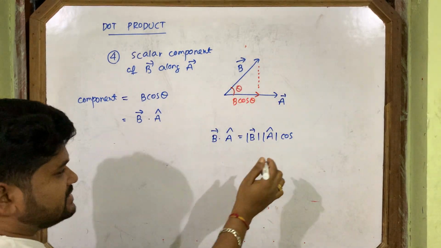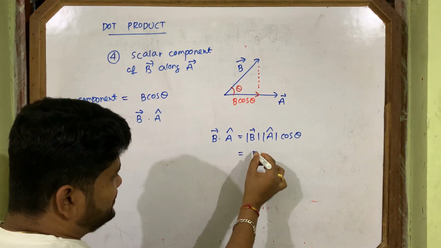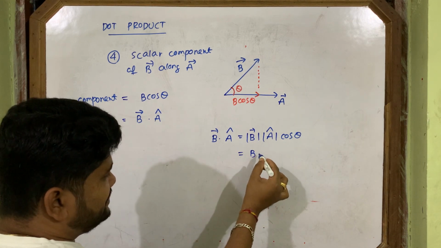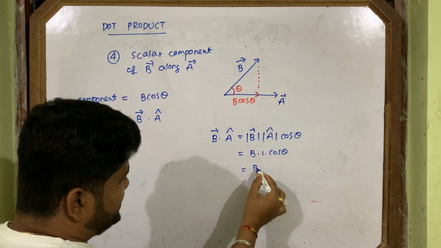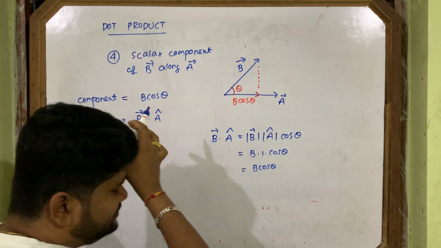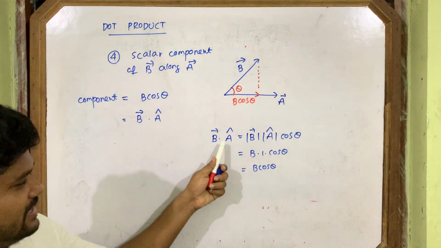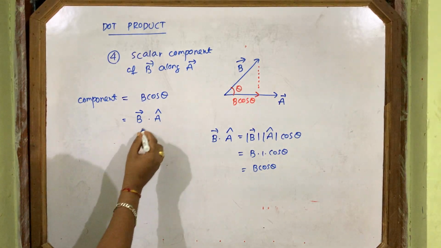A cap means this direction, so this is cos theta. B vector magnitude is B, A cap magnitude is 1, so it is B cos theta. So B cos theta can be written as B vector dot A cap.